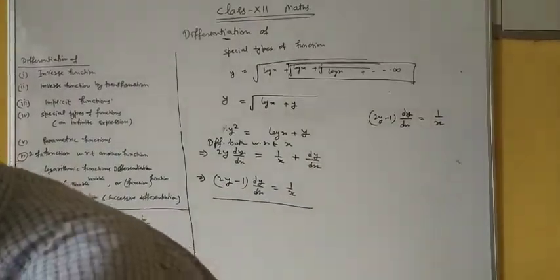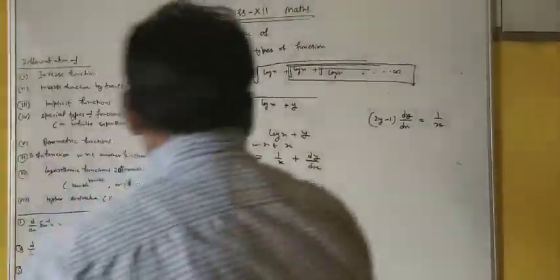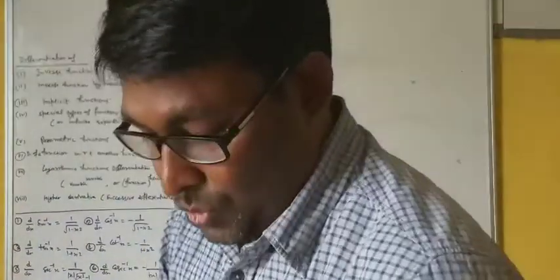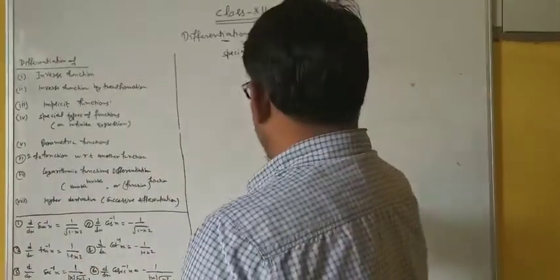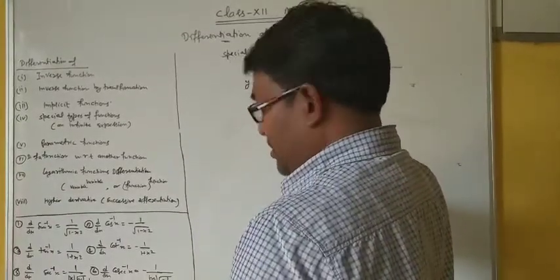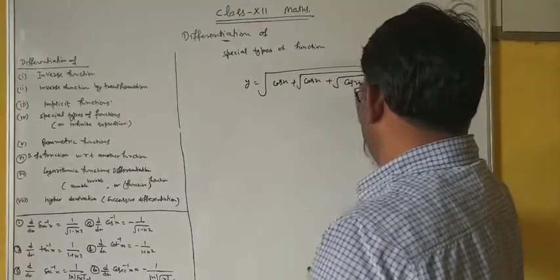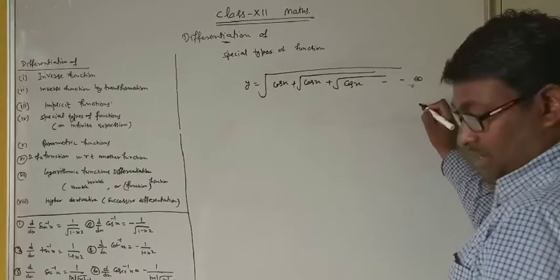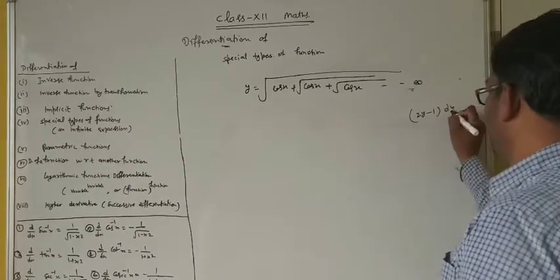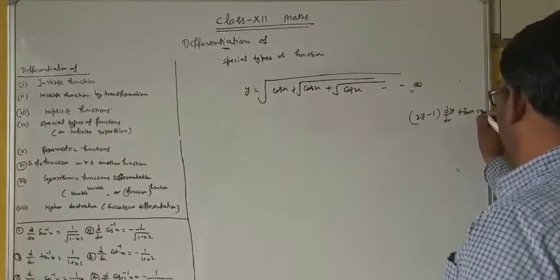Now some more questions. You have to solve this question. You are given that y is equal to under root cos x plus again root cos x plus again root cos x till infinity, and then you have to prove that 2y minus 1 dy by dx plus sin x is equal to 0.